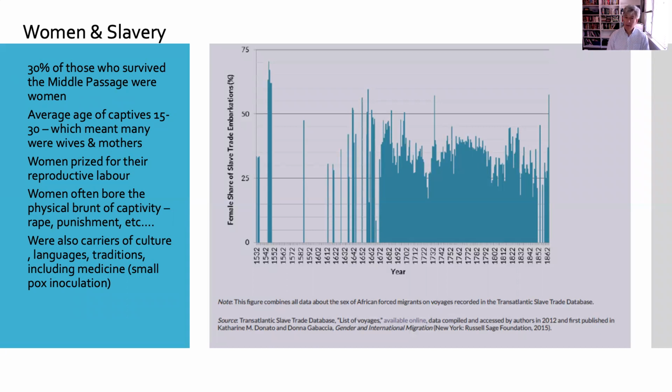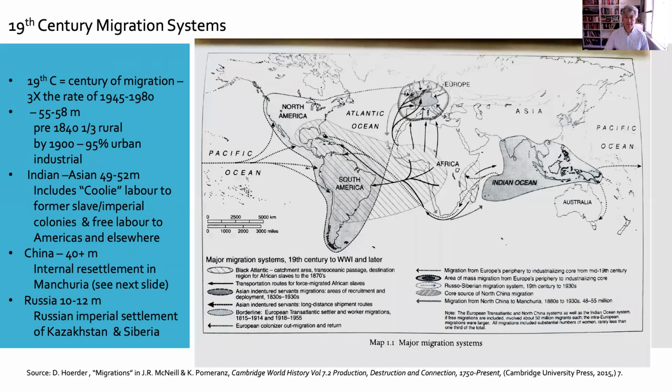Women also, in many ways, bore a differential physical brunt of captivity, particularly issues around sexual violence and rape. But women were also carriers of tradition as well, languages, but also the spread of ideas around inoculation to things like smallpox and other diseases that we talked about in the first lecture.